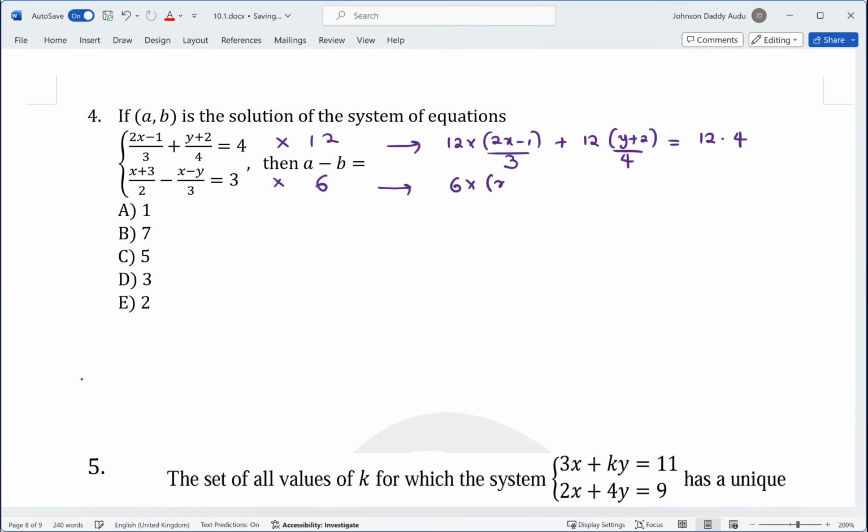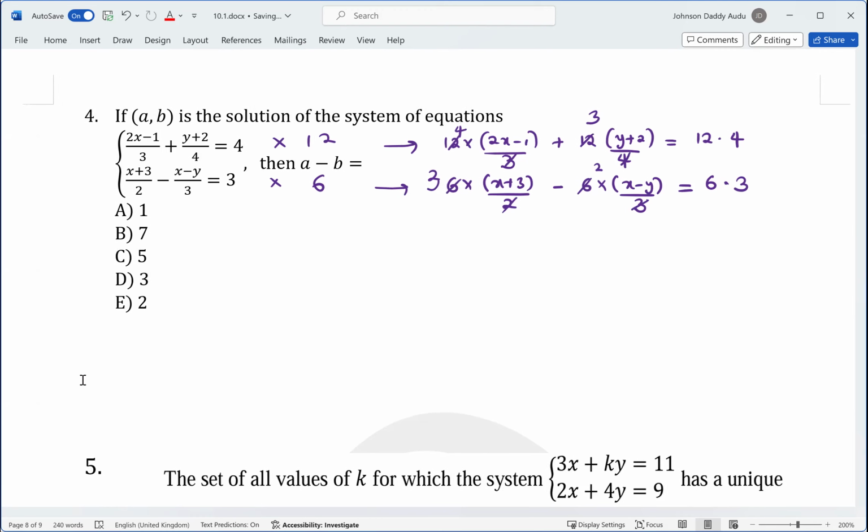So you have 6 times (x plus 3) over 2 minus 6 times (x minus y) over 3, and this equals 6 times 3. Now, this and this will cancel. This is 4, this is 3, and this is 3 and this is 2.